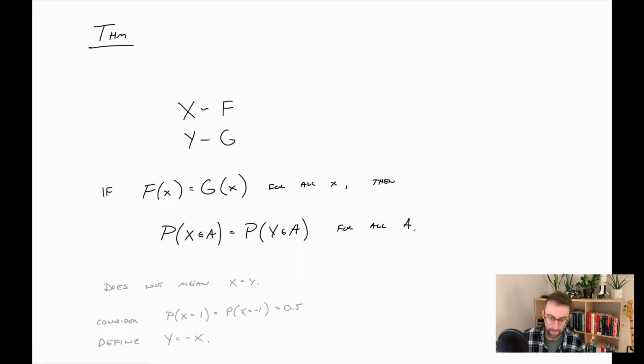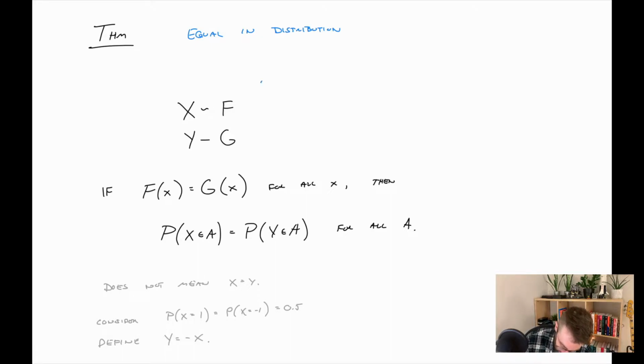Because it's sort of a compact way of saying everything about the distribution. So we want to talk about this theorem that talks about equality in distribution. Let's say we have 2 random variables.